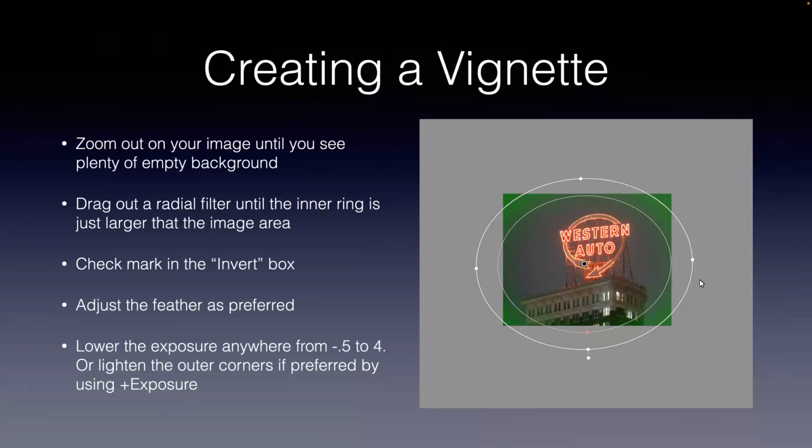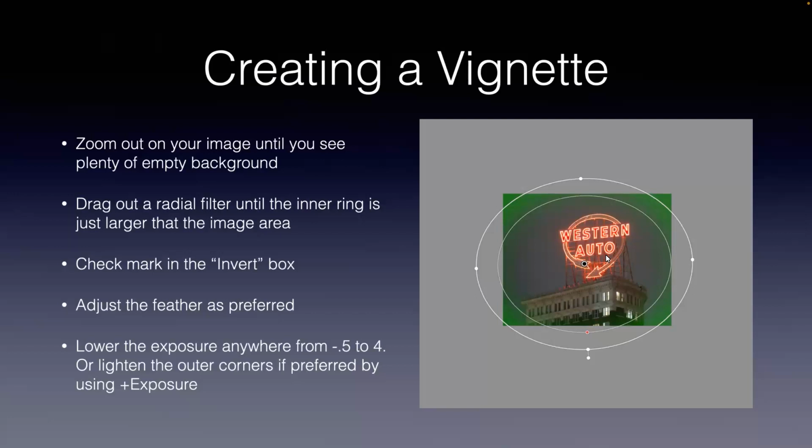Now, if invert is checked when I draw out my gradient, then it will look like this. But if that invert box is not checked, then what I will get is a gradient with the center being green. And for a vignette, I want the effect to be outside of the radial gradient. So I will want to check that box, invert, to invert it at this point if it isn't already there.